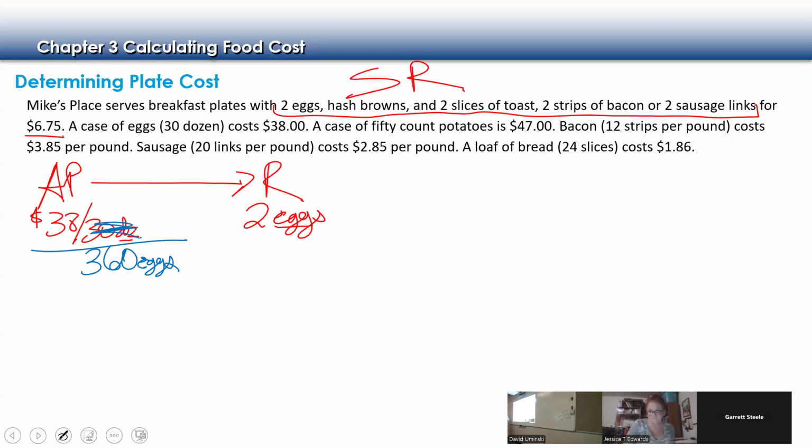And what do I get? Andrew, what'd you get? $38 divided by 360. Like 0.11. Okay, good. So 11 cents per egg.